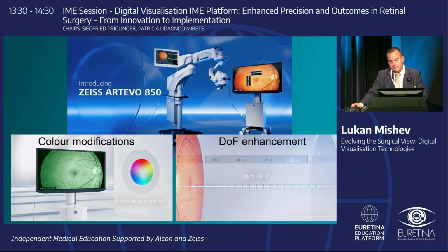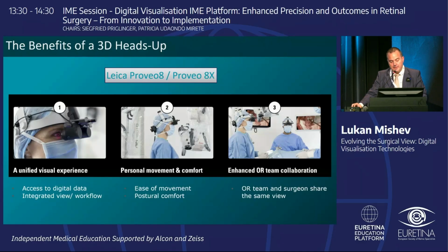The Zeiss Artevo 850 pursues the same goal, to increase the depth of field, and to provide the ability to modify the colors of the image, because this is the way to create the digital filters.